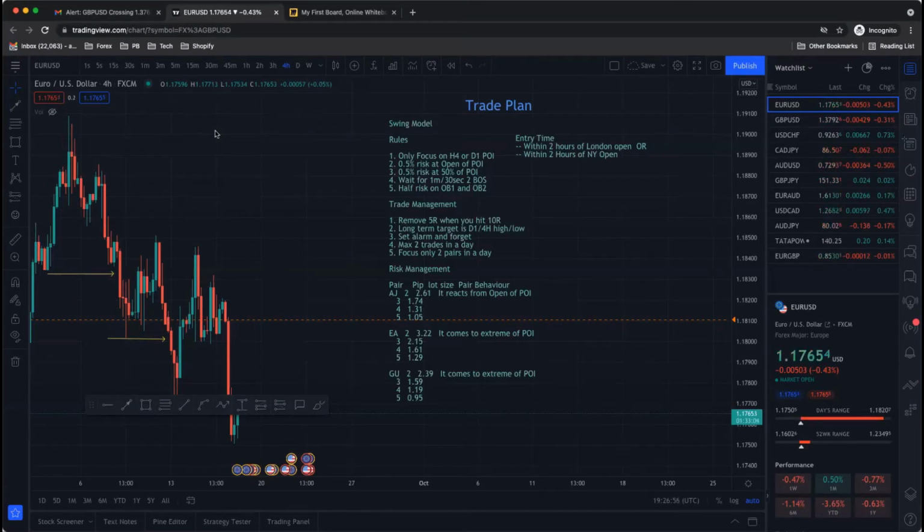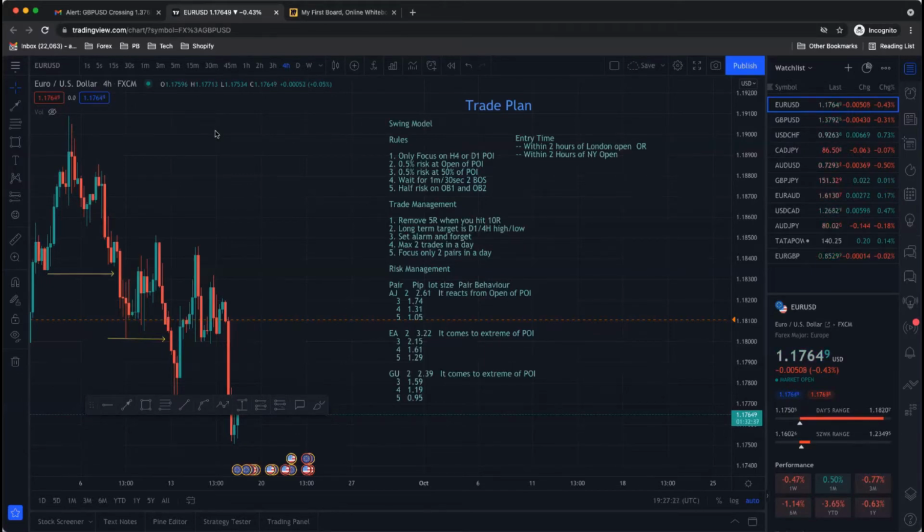Now you wait until the price hits your point of interest, then you become active there. What you want to see there is our entry criteria. If you don't know what our entry criteria is, go back to the video on entries: types of entries, risk entries and confirmation entries.